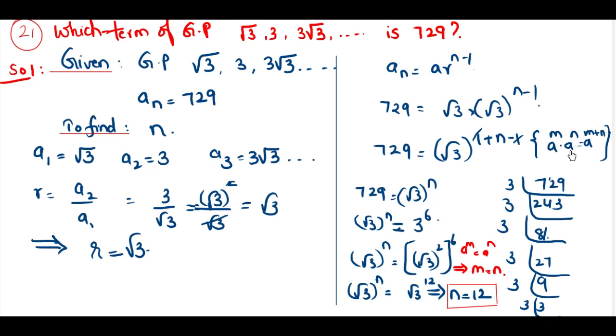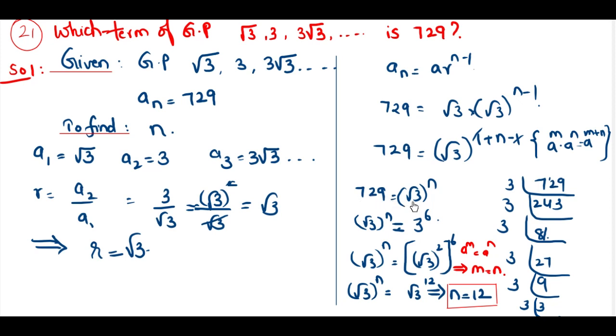When the bases are the same and they are multiplying and the powers are different, we can simply add the powers, that is a to the power of m into a to the power of n is a to the power of m plus n. So what is the power of this root 3? That is an invisible 1, into root 3 power n minus 1. So we will add 1 plus n minus 1. So minus 1 and plus 1 will get cancelled.